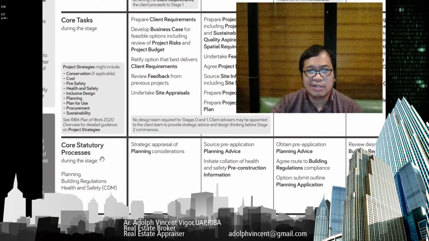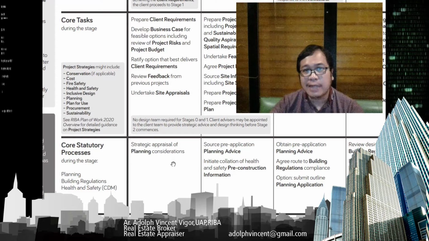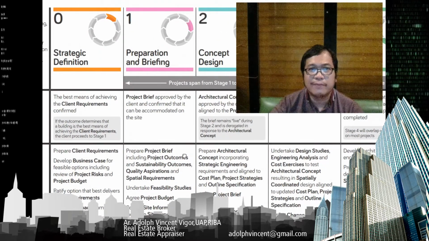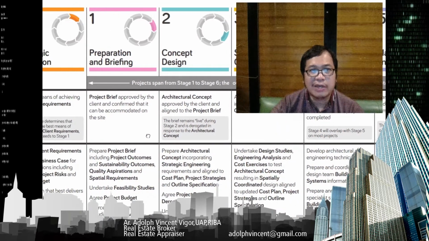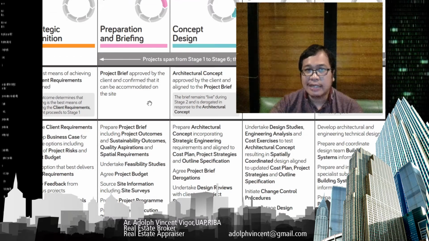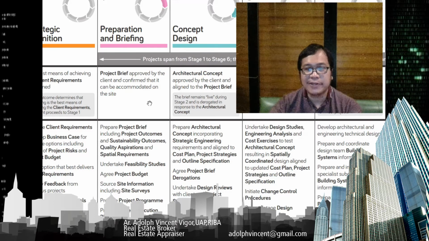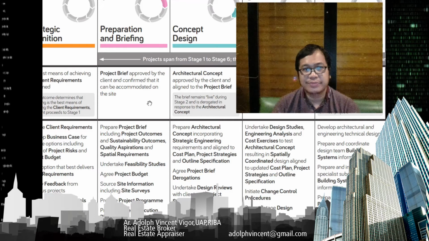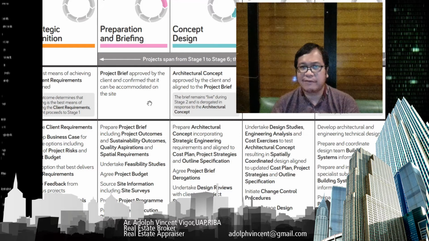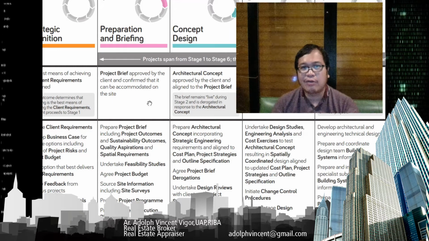The core statutory process in stage 0 is the strategic appraisal of planning considerations. Now let's go to stage 1, which is preparation and briefing. The project brief is approved by the client and confirmed that it can be accommodated on the site. What does this mean? If there's already a project requirement, you can make sure that the project brief could be accommodated based on the site location.